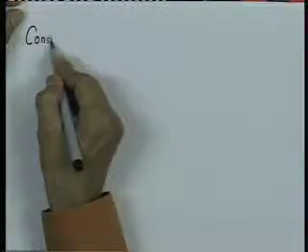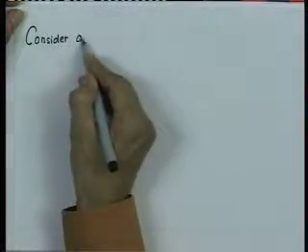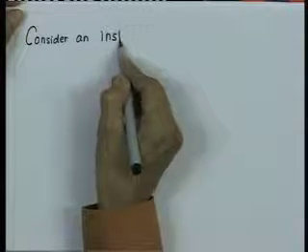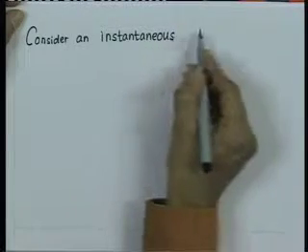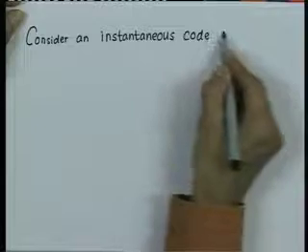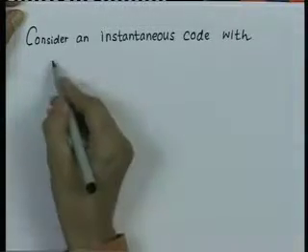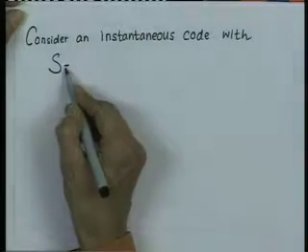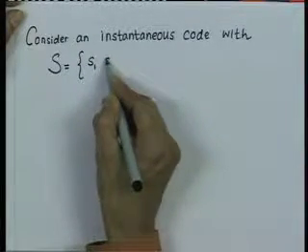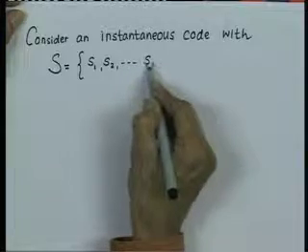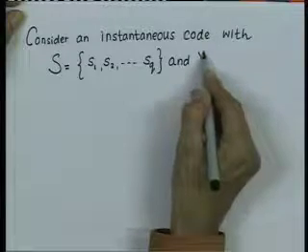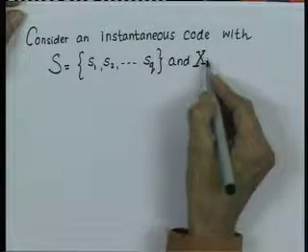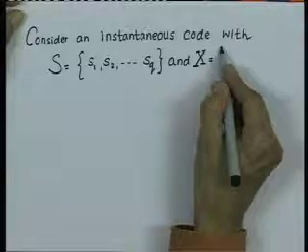So, consider an instantaneous code with source alphabet S equal to S1, S2 up to SQ, and a code alphabet with R symbols.